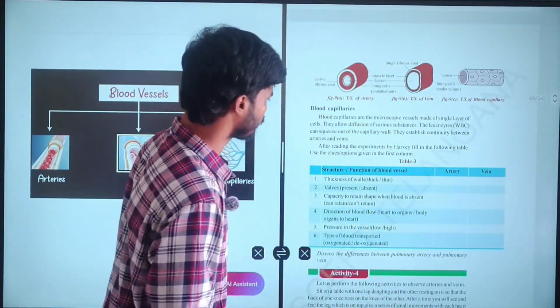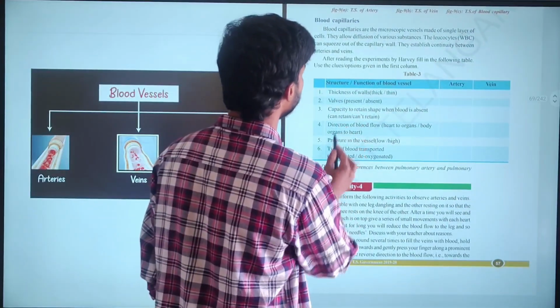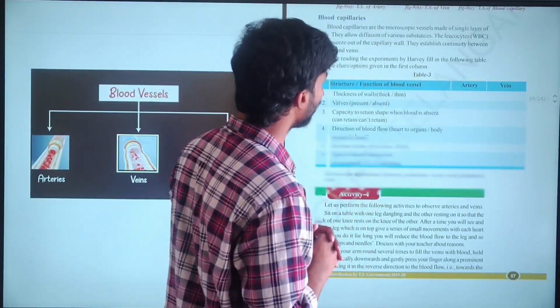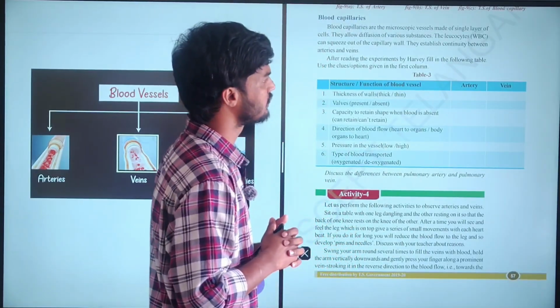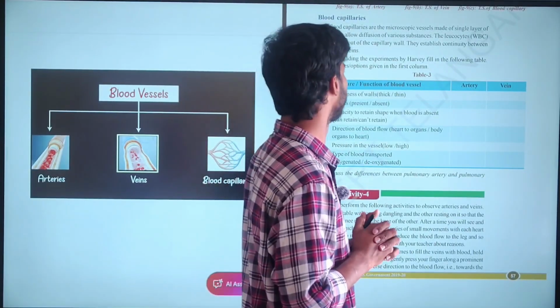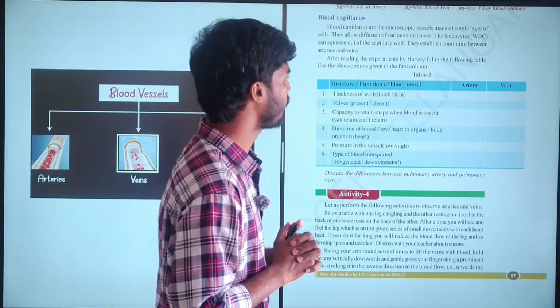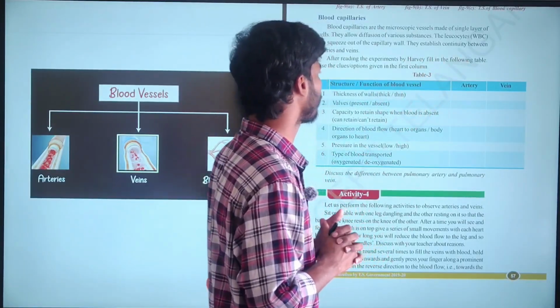Next, blood capillaries are microscopic vessels made up of a single layer. They allow diffusion of various substances, like glucose, and WBCs can squeeze out of the capillary wall. They establish continuity between the arteries and veins.